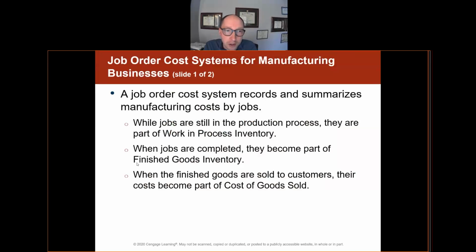The job order cost system helps us to summarize those costs according to the customers' jobs. There will be work in process, finished goods, and cost of goods sold associated with each job order. And the costs are organized based on work in process, finished goods, and cost of goods sold.